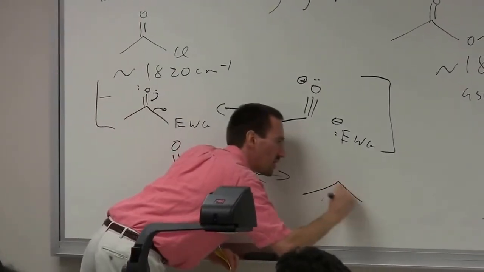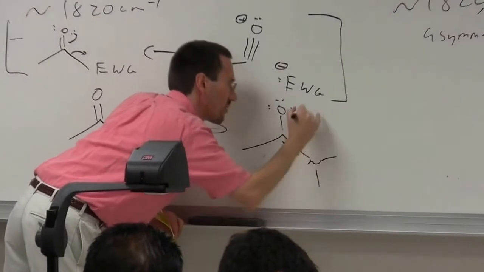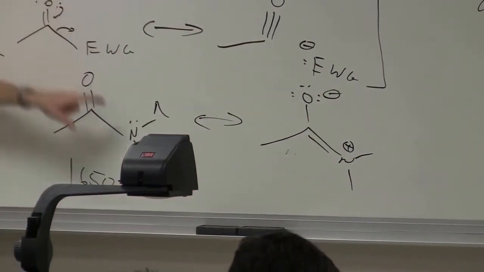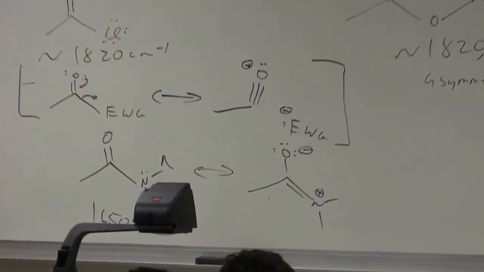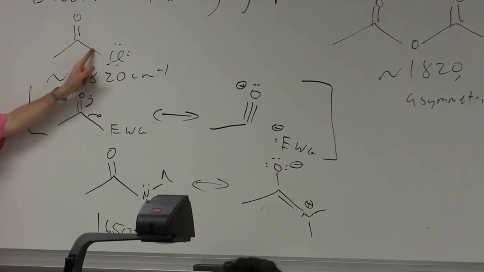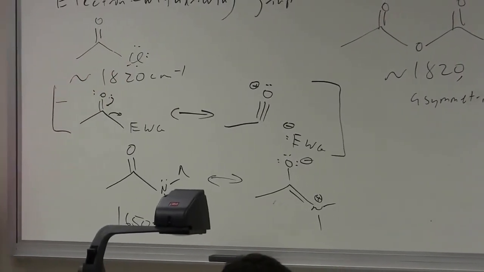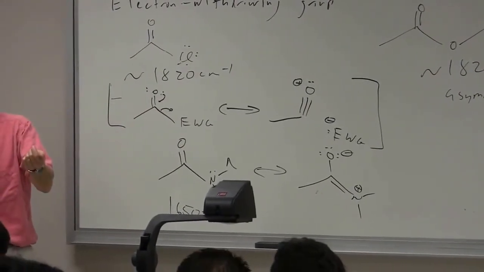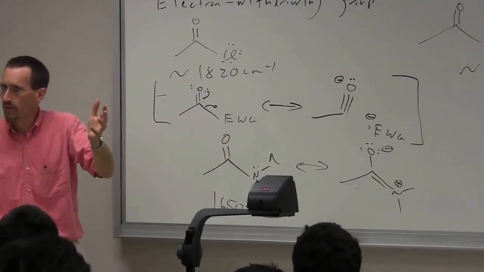So you can write this resonance structure, and that's an interesting conundrum of various groups here, in that all of these groups with lone pairs can be donating by resonance, but they can be inductively electron withdrawing. And in some cases, one wins out. In some cases, the other wins out, right? Nitrogen and chlorine are both electronegative.